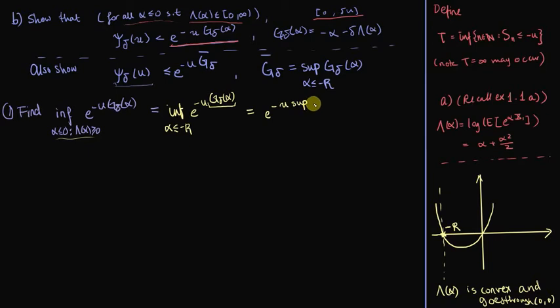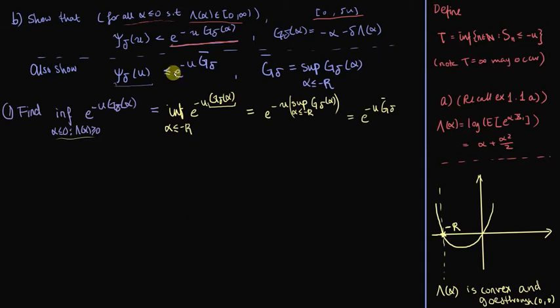So we will try to find the supremum of g delta of alpha over those alphas that are smaller than or equal to minus r. And this is exactly what we wanted to find, the e to the minus u g bar delta that was asked of us in the exercise.